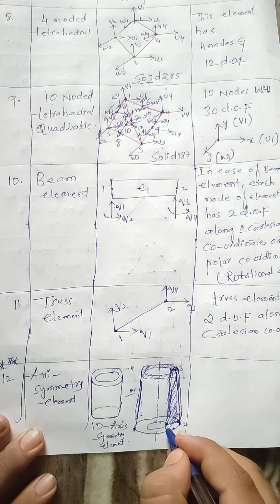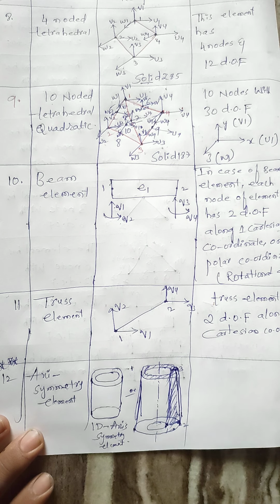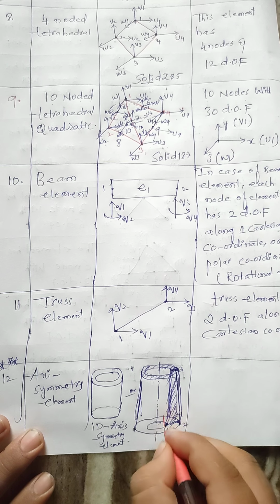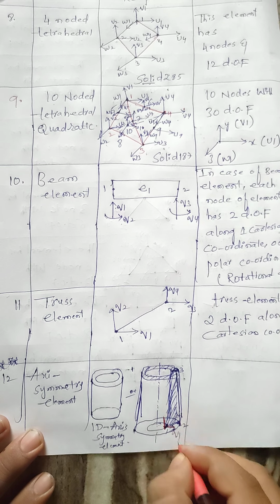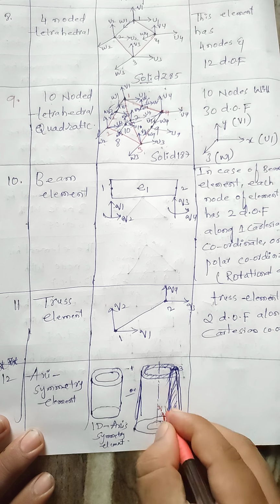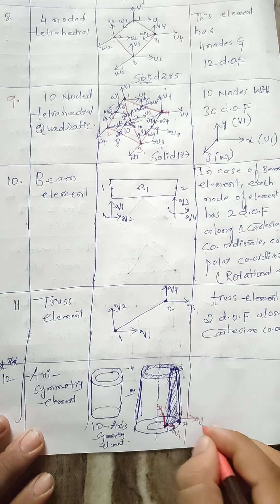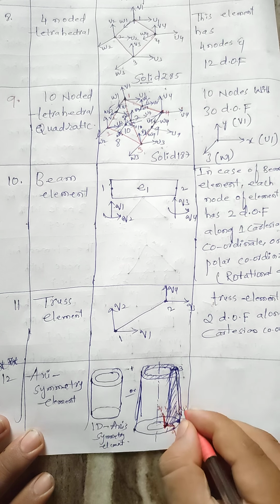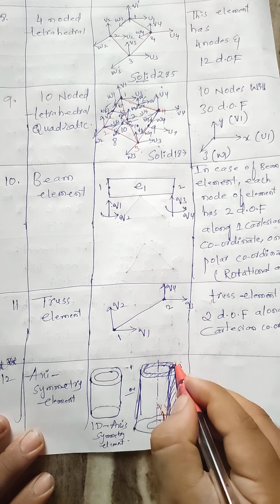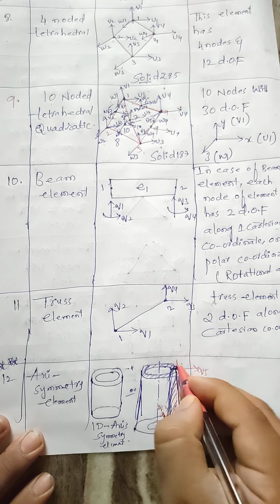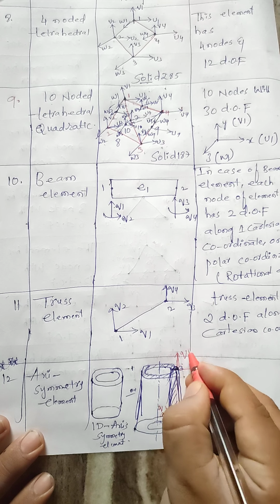This one we can present as q1, q2, and this one is q3, q4, and this point is q5 and q6.